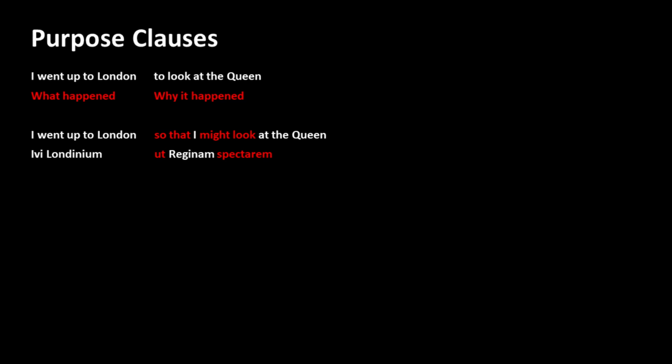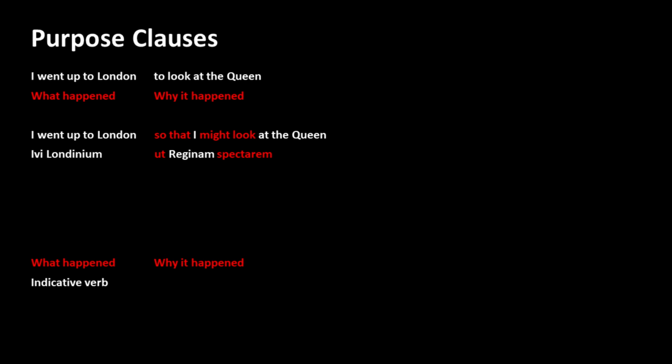Here are the main alternative signposters for a purpose clause. We'll start another table with two columns. We'll have what happened and why it happened. In the what happened column, we have an indicative verb: I went up to London, or Ivi Londinium.